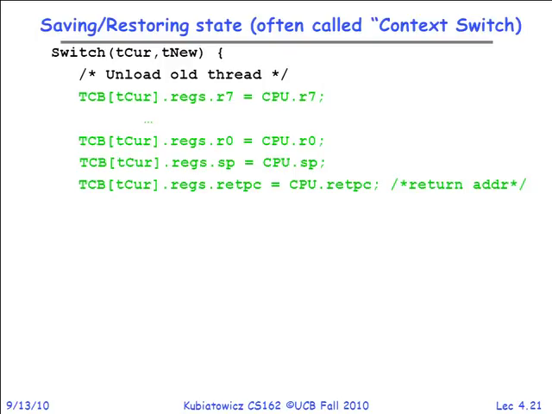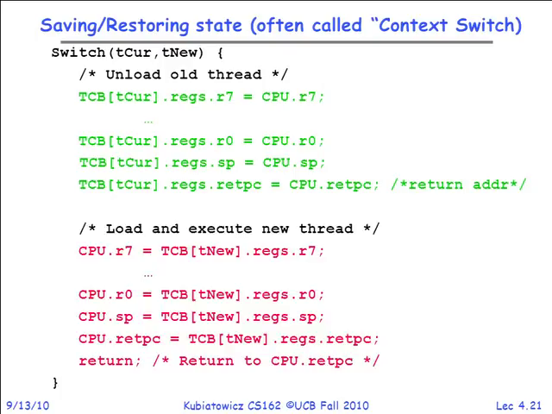So when you call somebody, the return address is in a register. We took the original return address and saved it aside, and we grabbed the return address of, say, thread T and put it into our return PC so that when we execute the return instruction, we return to where thread T wanted us to return rather than where thread S was going to have us return.